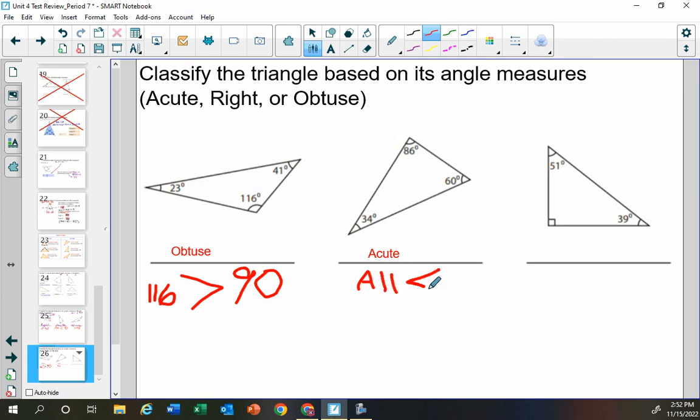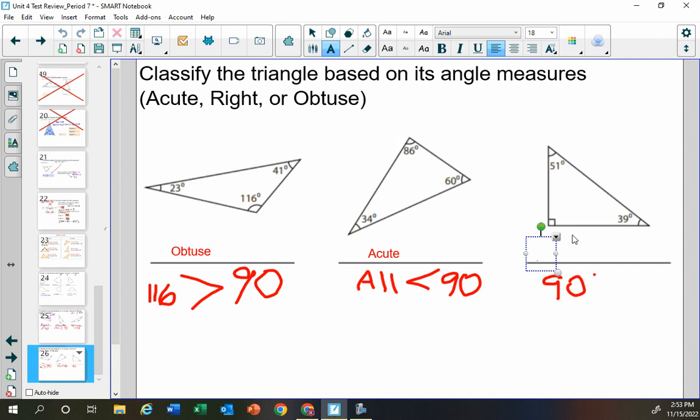All less than 90. And then the last one is a right triangle. You have a 90-degree angle. So that one is a right angle. All right. So, more or less, you should be good to go for your test. You should have this.